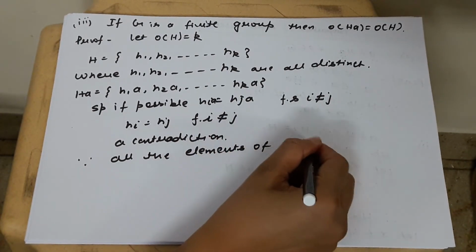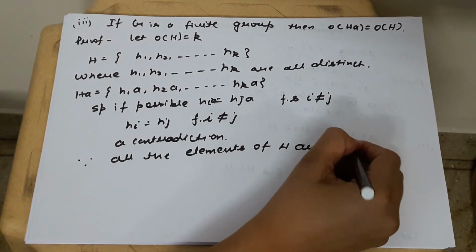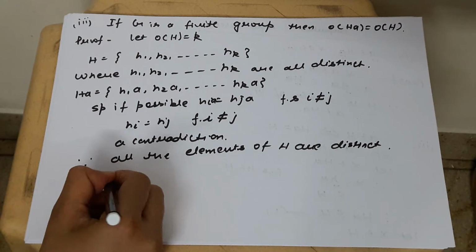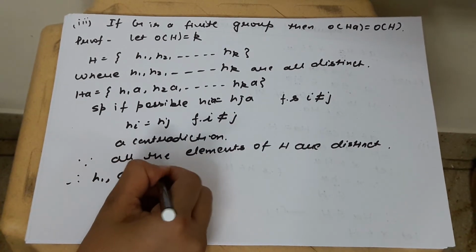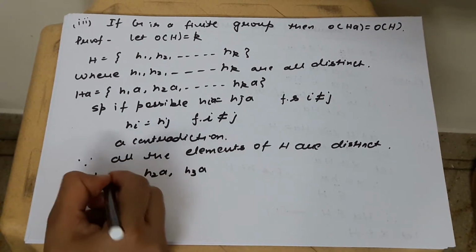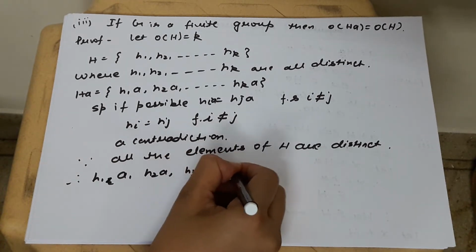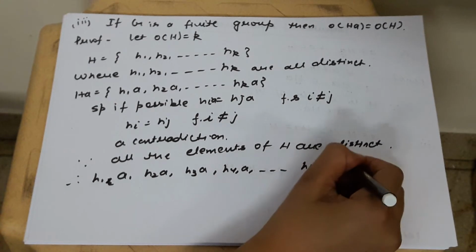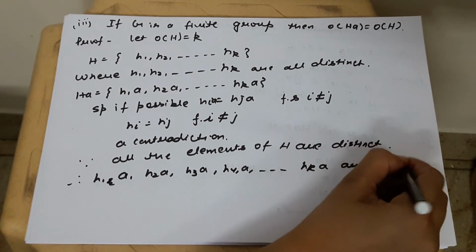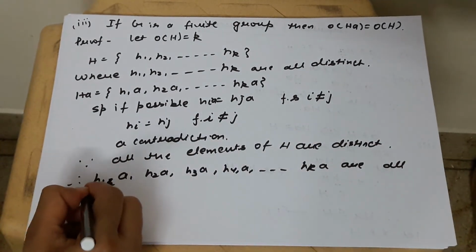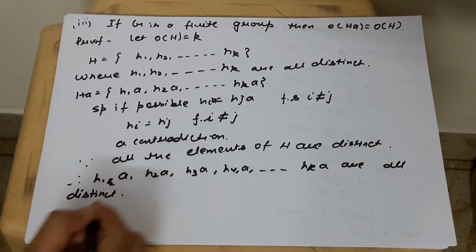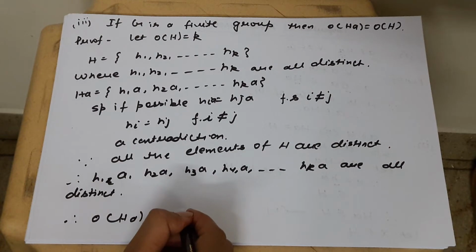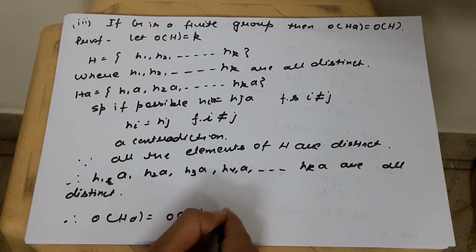Therefore, h1a, h2a, h3a, h4a and so on up to hka are all distinct. Therefore, order of Ha is equal to order of H, which is equal to k.